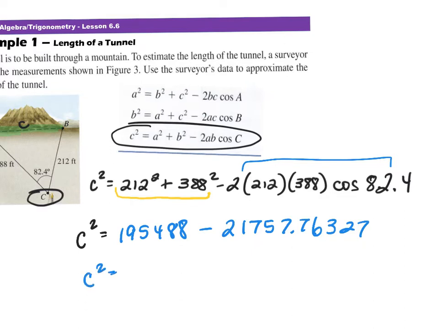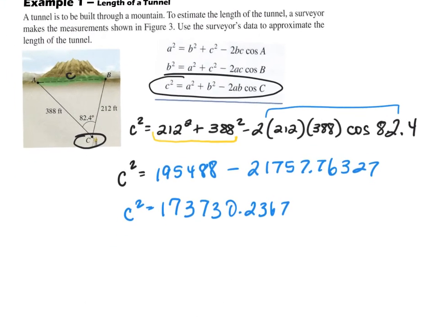I get c squared equals, so in your calculators, 195,488 minus 21,757.76327. All right, Alexis, did you get something like 173,730.2367? Yeah. Okay. So guys, that's c squared. I don't want c squared. I want what?